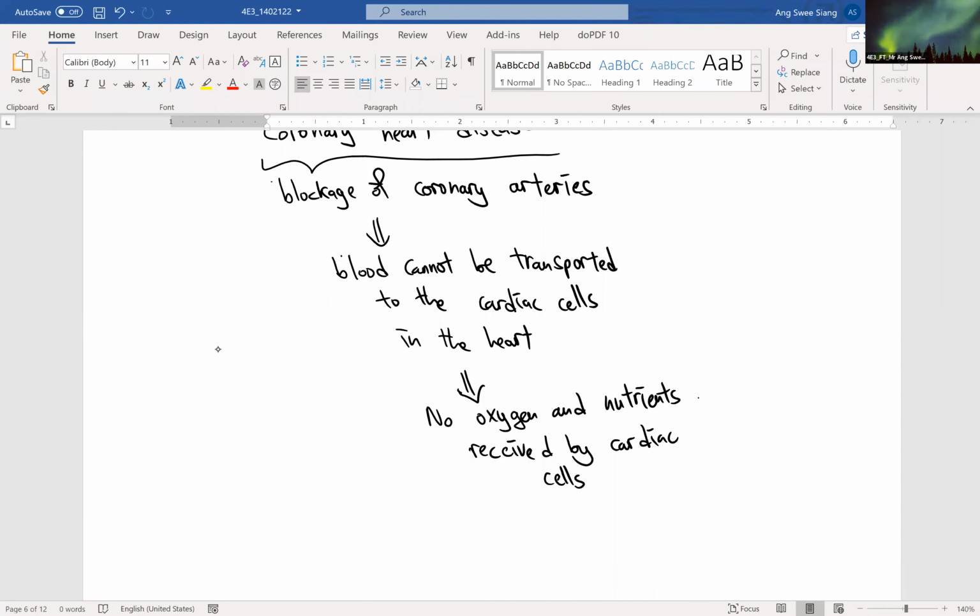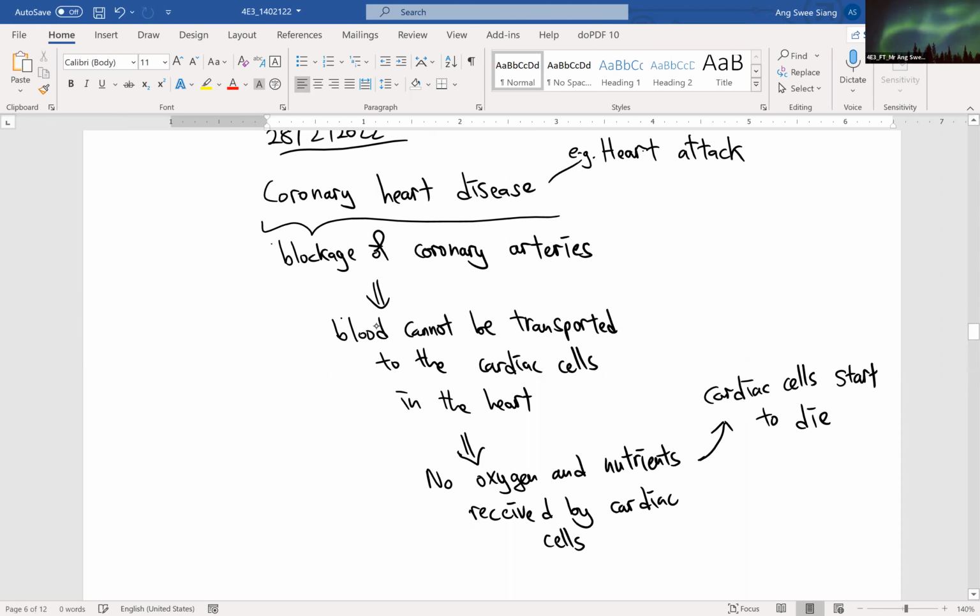Then the cardiac cells start to die. Then the heart cannot perform its function. And this will lead to heart attack.